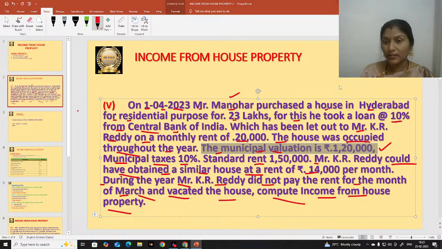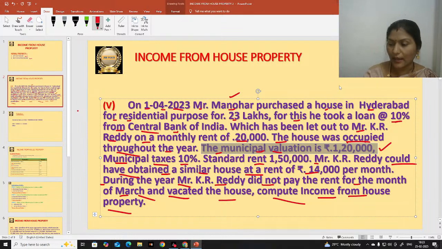They did not mention per month or anything else. Then we have to take it as it is for 1 year. If they don't mention whether it is for 1 year or for 1 month, we can take it as for 1 year. So 1,20,000 municipal valuation, that is MRV, is for full 1 year.